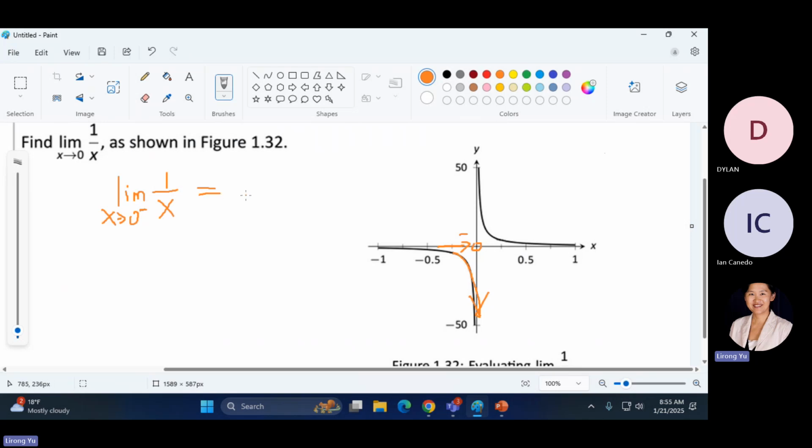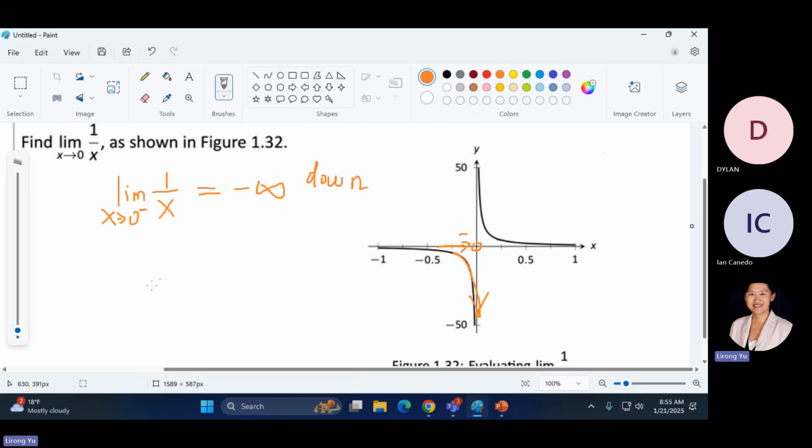So what should be the left limit here? If it went down, how do we see it? Negative infinity, right? So this says the y value is decreasing without bound. Basically, the y value went down on the graph.